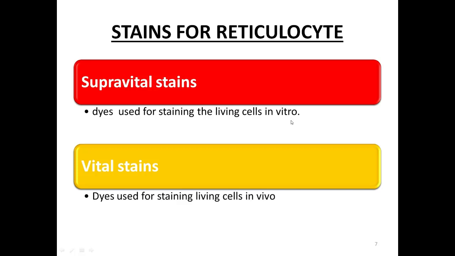That is, outside the body. So we use a dye to stain cells present in the blood drop which we have taken. The dyes are used to stain living cells in vitro, meaning we take a sample of blood from our body and then mix it with the dye. So that is a supravital stain.